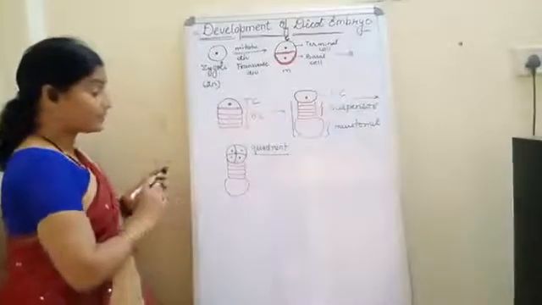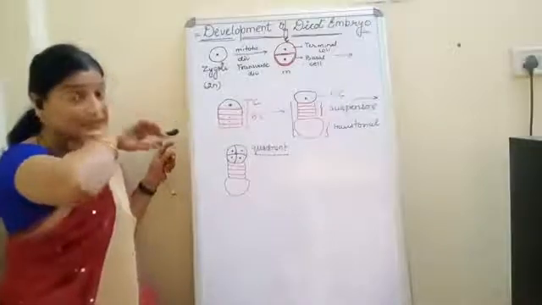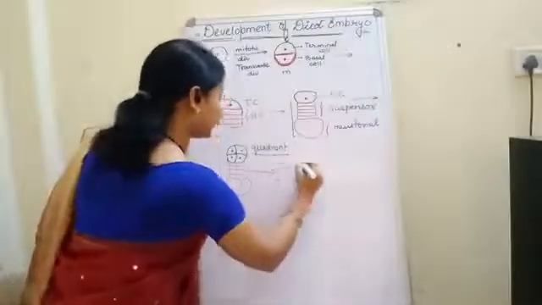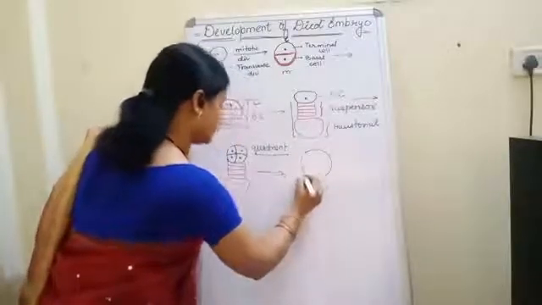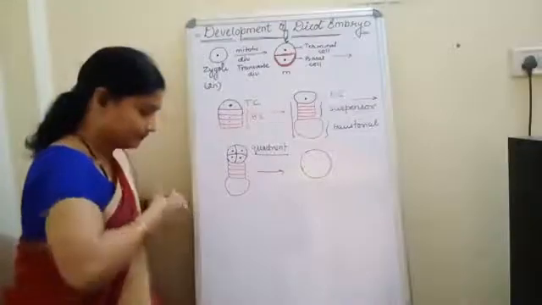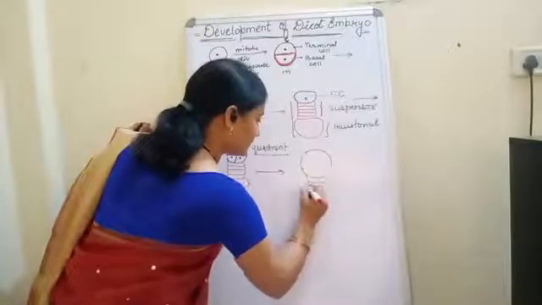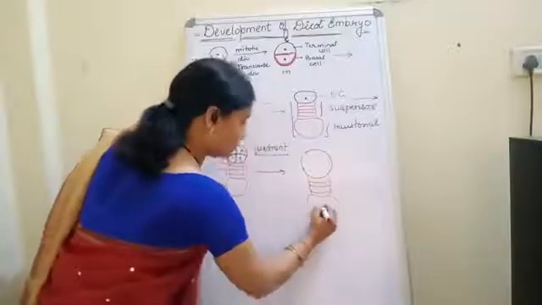The next structure, what can be happened? There will be one more division in this case. Okay, and it will give rise to 8 cells. 1, 2, 3, and then ostoreal cell.